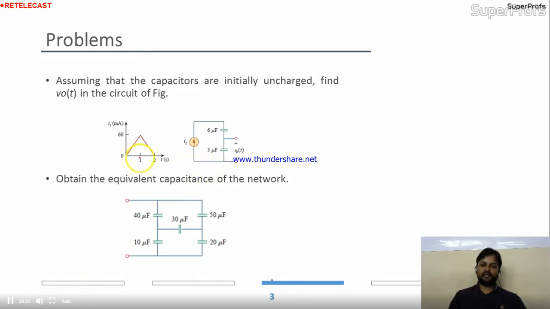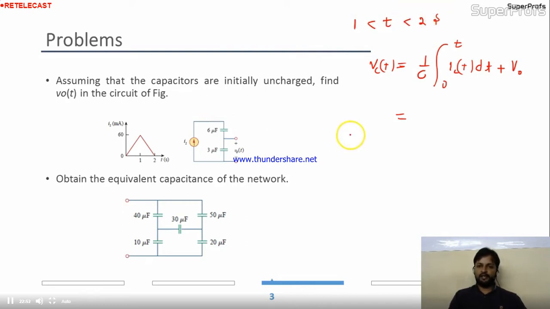Now come to the second one. Now this VCT is again 1 by C, the formula is integral from 0 to T of ICT dt plus initial value. Okay, so for this reason, now I'm taking this for the region 1 to 2 seconds.